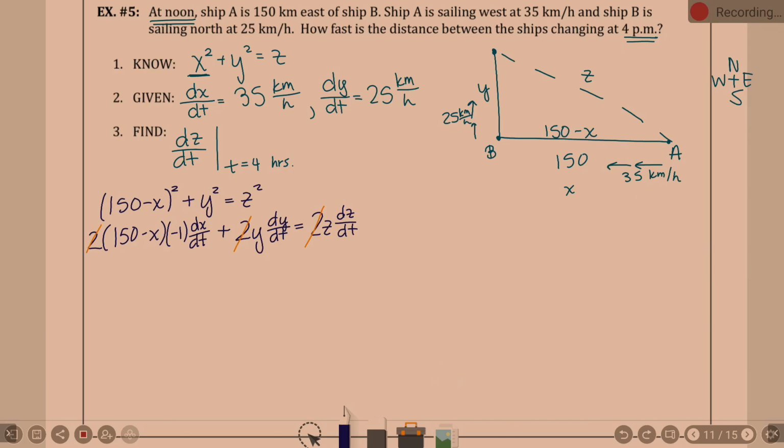It just makes things a little less cluttered. If I go ahead and multiply the -1 times 150 minus x, yeah, -150 plus x times dx dt plus y dy dt equals z dz dt. And the 2's was just kind of an extra bonus.